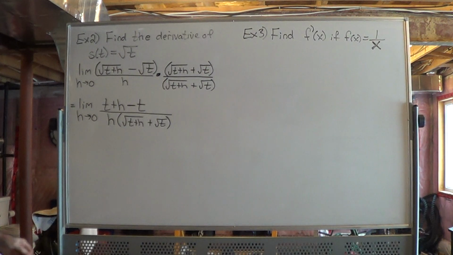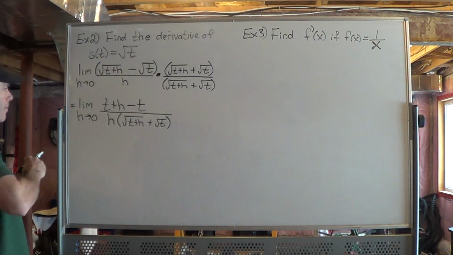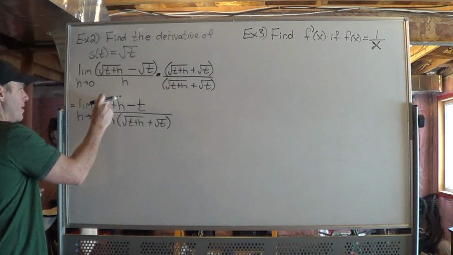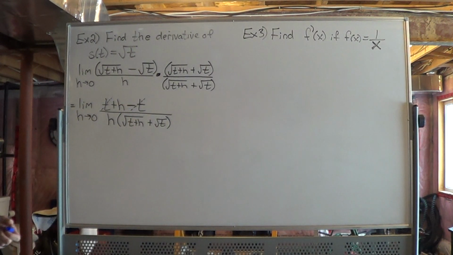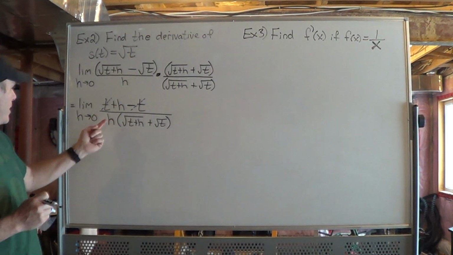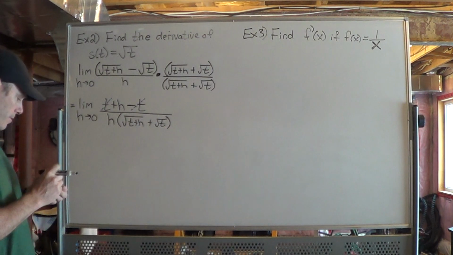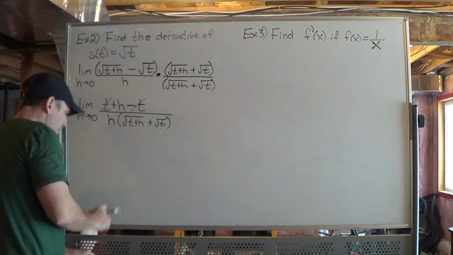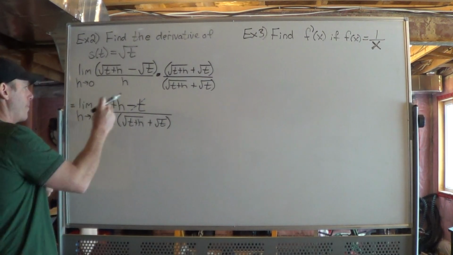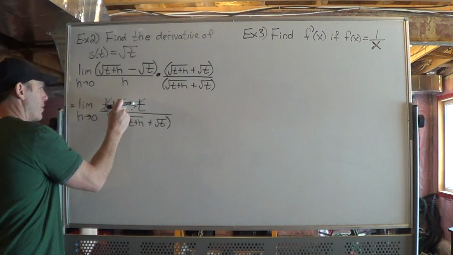All right, so let's see here. Well, we do have some simplifying going on here: these t's cancel each other out because we have a t minus t. And now all I have is an h in the numerator, and I have all this in the denominator. Well, these two h's, the h in the numerator and the h in the denominator, will divide each other out.